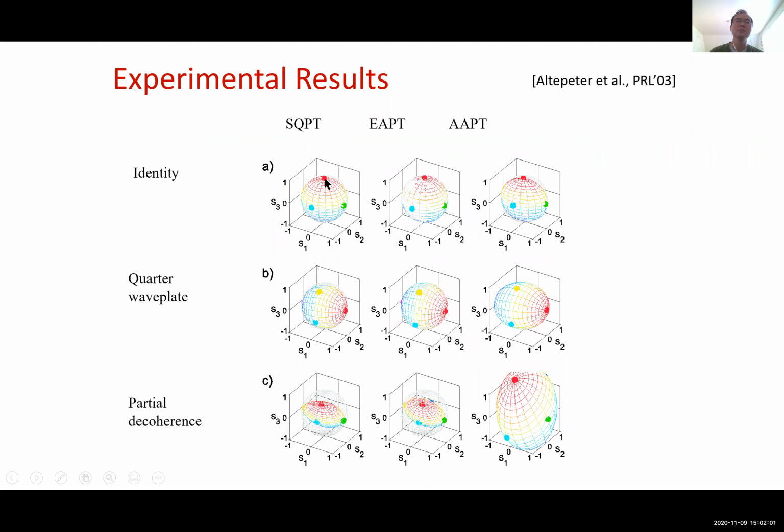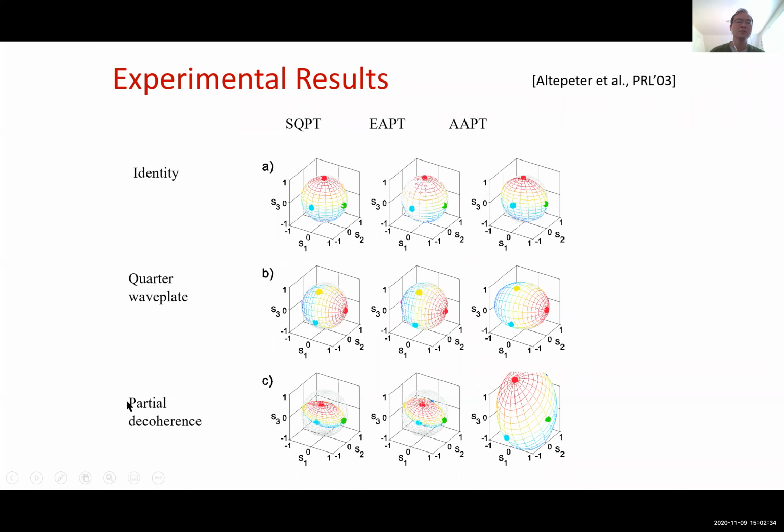Identity should just keep these three points on the Bloch sphere, the X, Y, and Z, the same. This is called a wave plate, so it's like a rotation. We rotate the three dots. Using the three different ones, they all get similar results, except for example this one has a probably larger error.